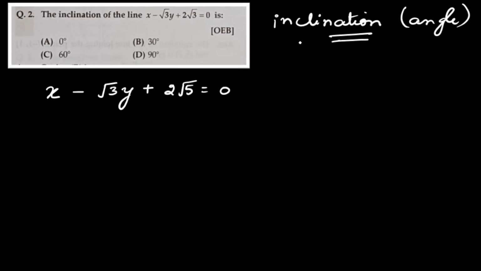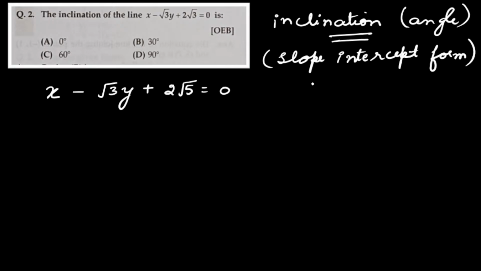Whenever we have to find the angle of the given equation, we'll convert the equation into slope intercept form. What is slope intercept form? The slope intercept form of the equation is y equals mx plus c.